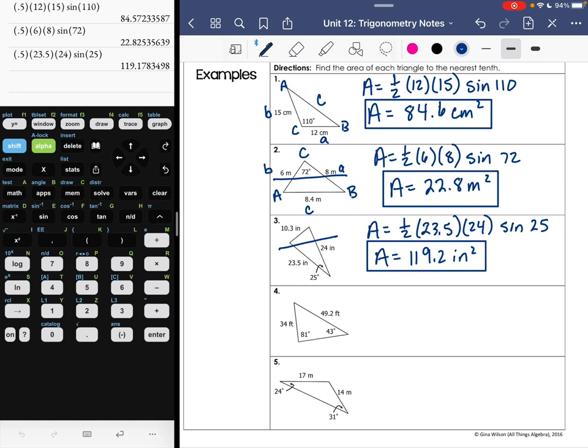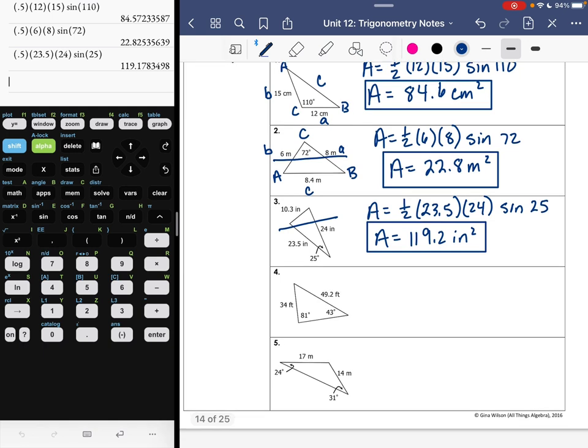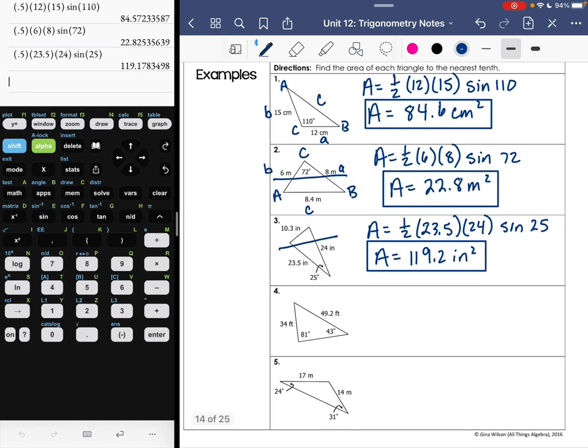Okay. Number 4, we've got the same thing. Well, this one, because we have these two bottom angles, we need this one that's missing. So you would need to do 180 minus 81 minus 43 to get this angle. So do that real quick.